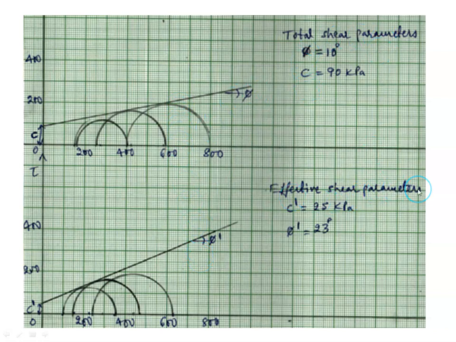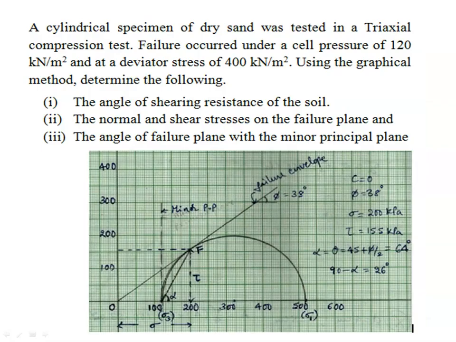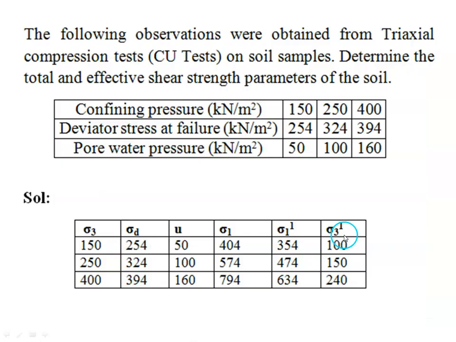For finding the total shear parameters, we have to plot the values of total stresses, that is total major principal stress and total minor principal stress. So here, sigma 1 and sigma 3. Sigma 1 is 404 and sigma 3 is 150.